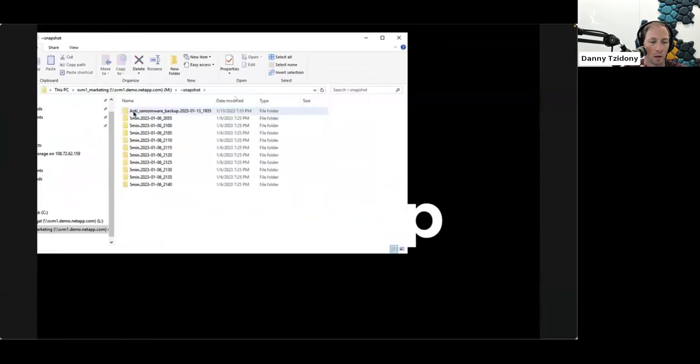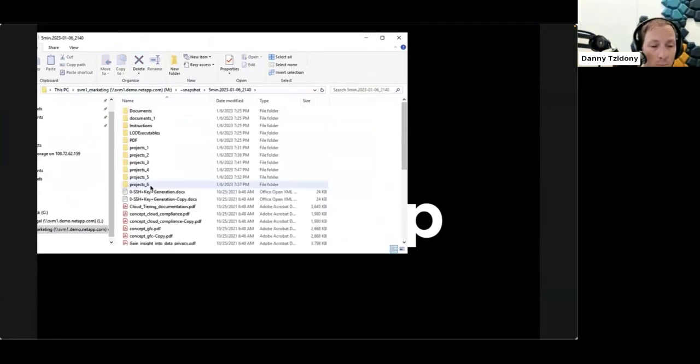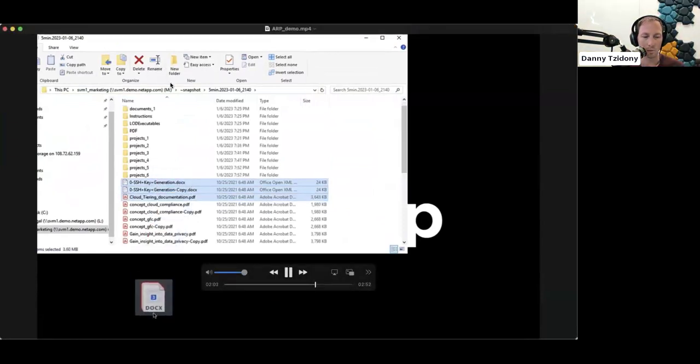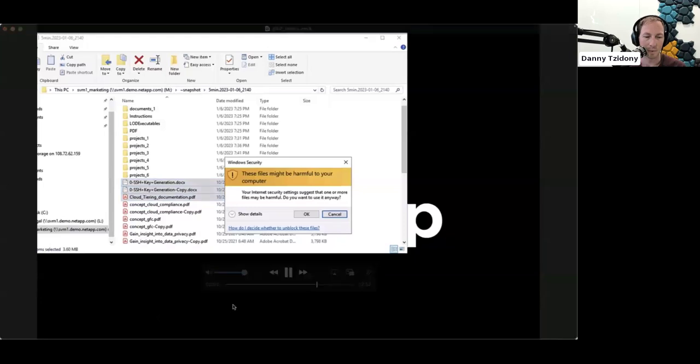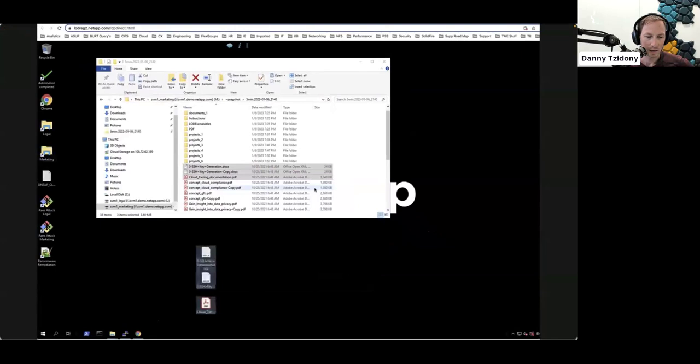So we'll go into our restored snapshot folder. We can extract the files from there. And as you can see, these are the same files that we saw at the beginning of the demo. We can restore them. These files might be harmful for your computer. I think it's a bit too late for that.